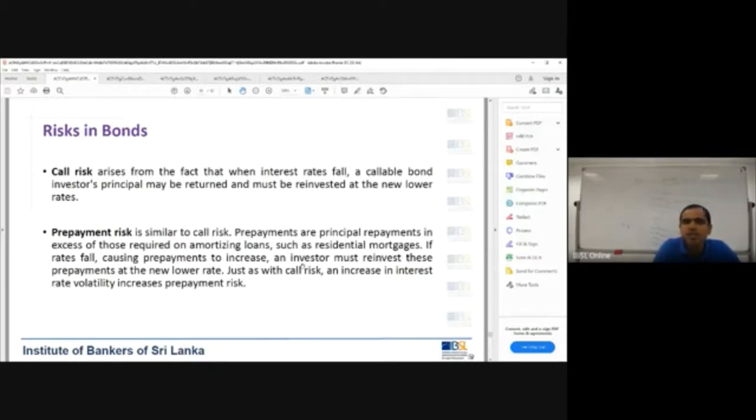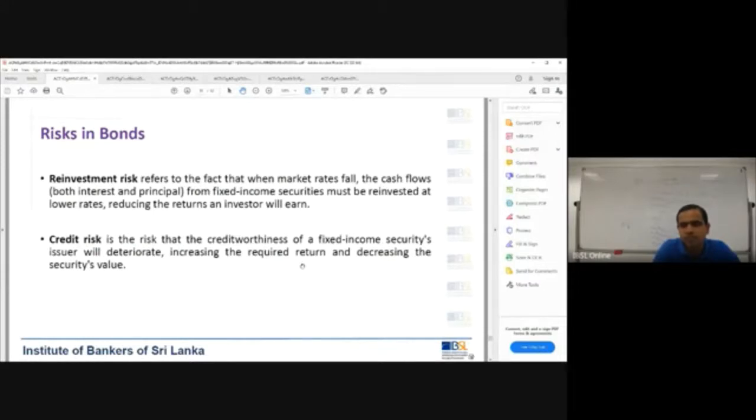Prepayment risk, again, when interest rates go down, the loans that we have given will get settled. That's called prepayment risk. Similar to call risk, prepayments are principal repayments in excess of those required on amortizing loans, such as residential mortgages. If rates fall, causing prepayments to increase, an investor must reinvest these prepayments at the new lower rate. Just as with call risk, an increase in interest rate volatility increases prepayment risk.